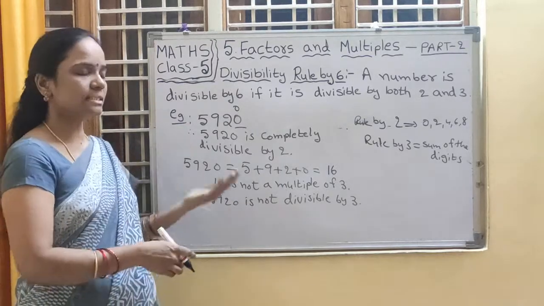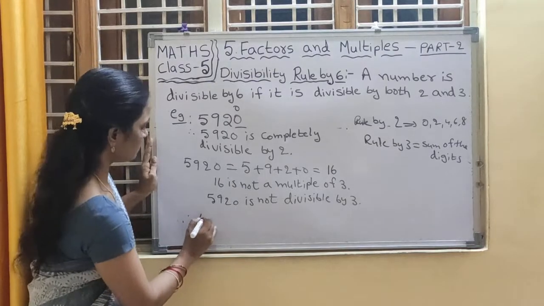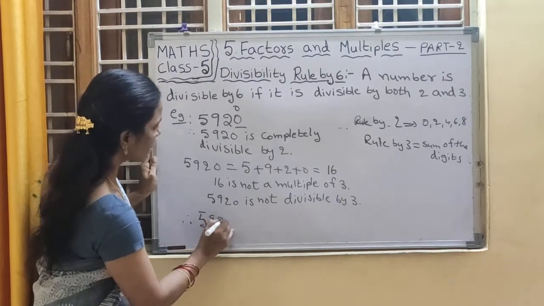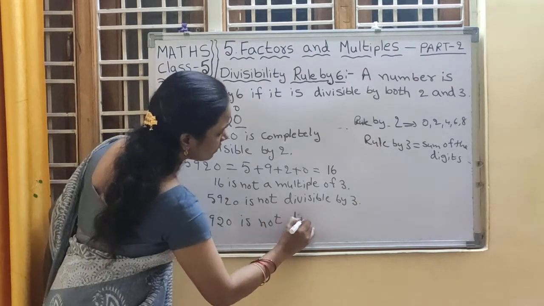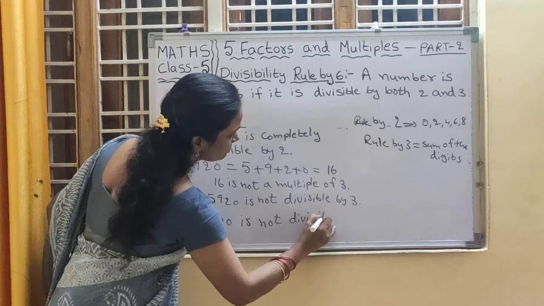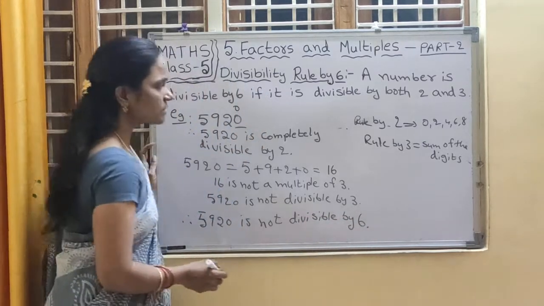So it is also not divisible by 6. Therefore, 5,920 is not divisible by 6.